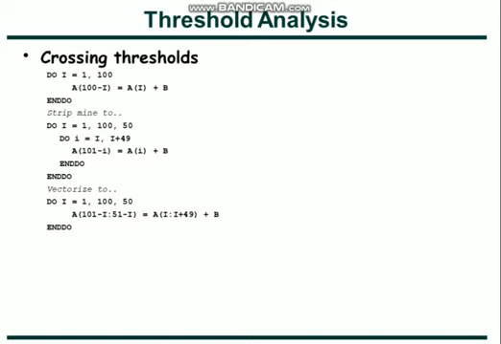So the outer loop will go from 1 to 100 on I with a step of 50, and the second loop has a variable small i going from capital I to capital I plus 49. The first value of I is 1 in the outer loop, and the second value would be 51.